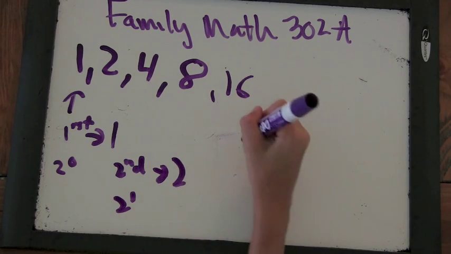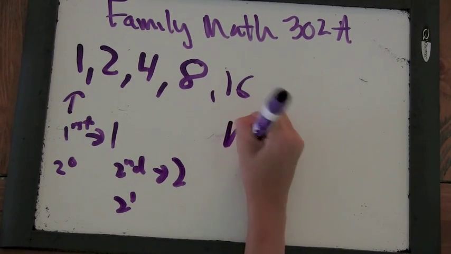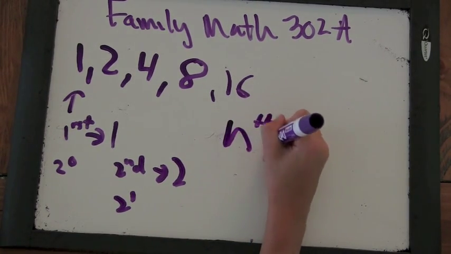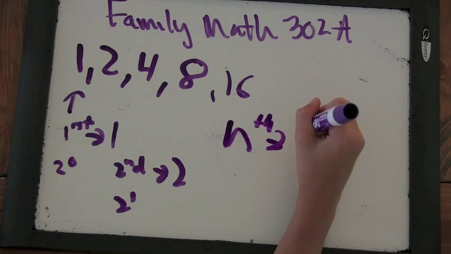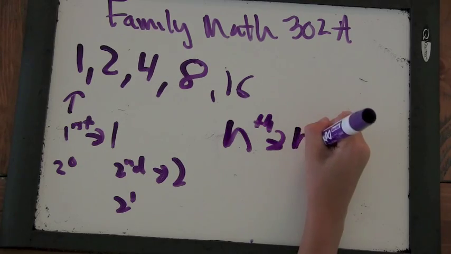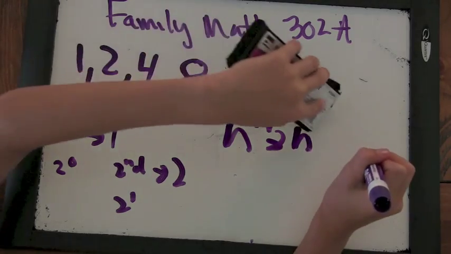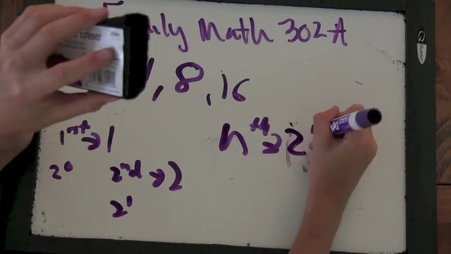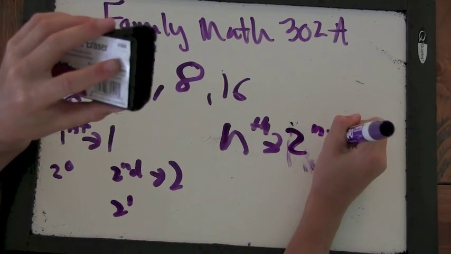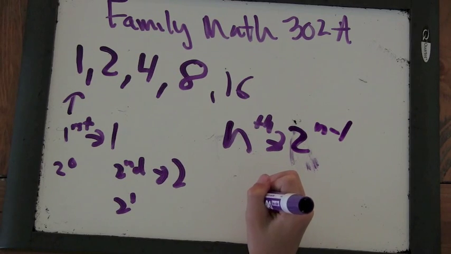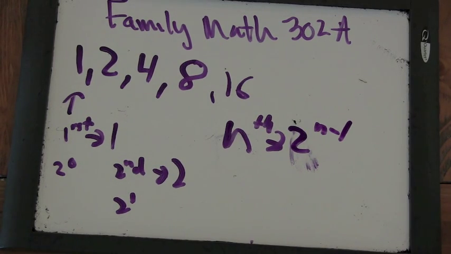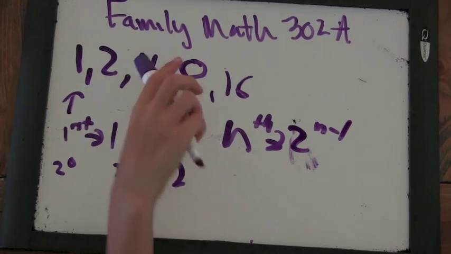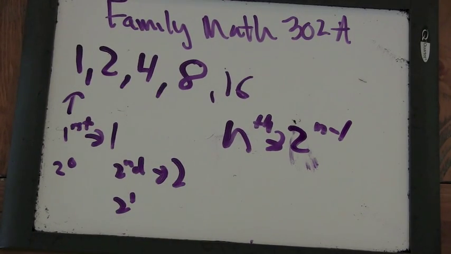So maybe if you have the nth minute, the number of leaves on the ground is equal to 2 to the n minus 1. Ooh, interesting. So now we can test this formula for some simple numbers, maybe the third row.